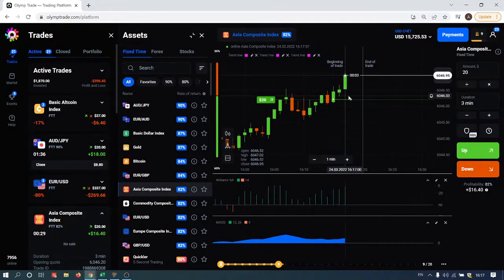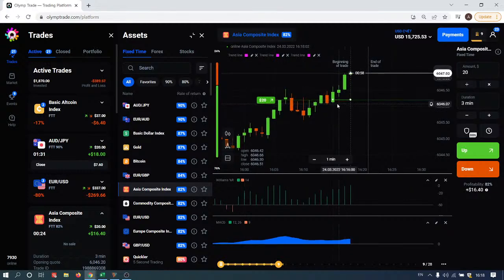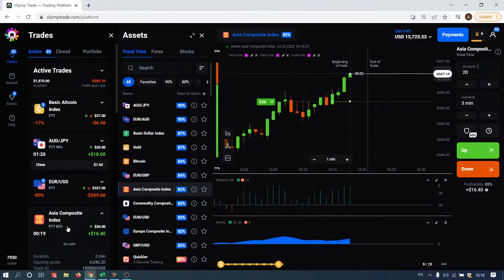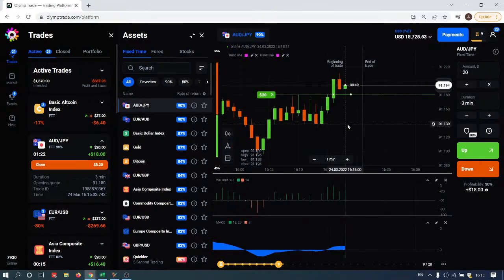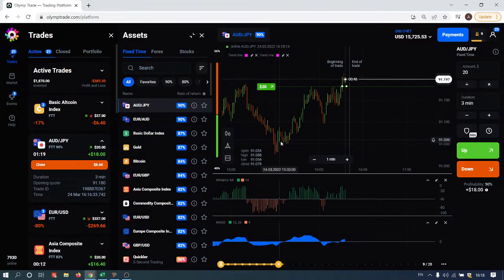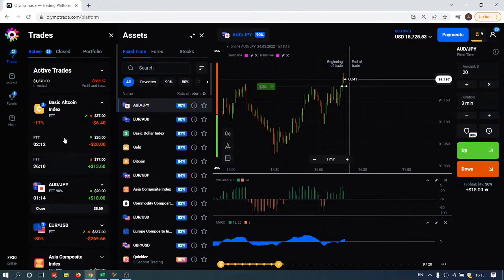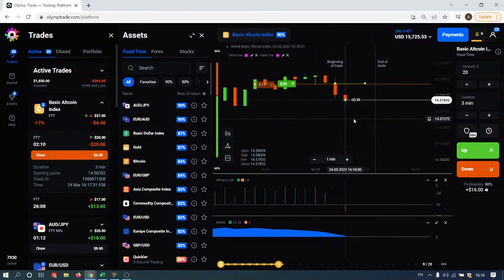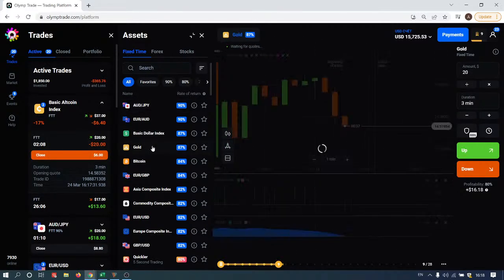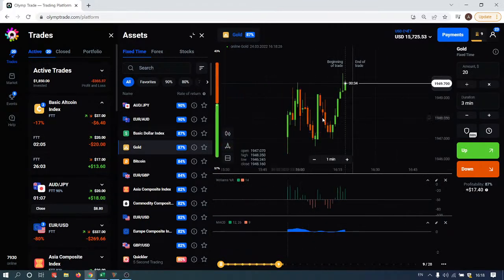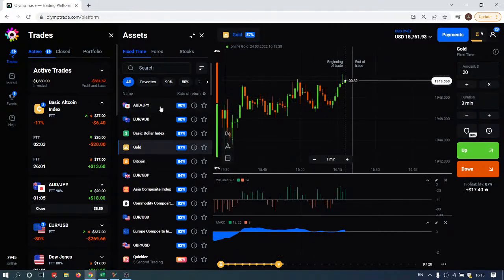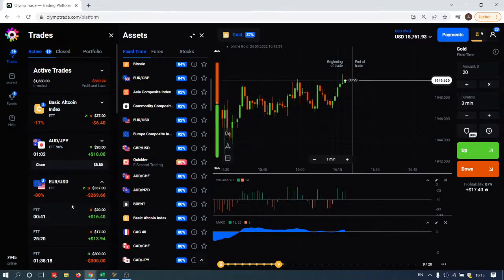Now another trade on Asia Composite Index will be closing with a profit. I mean, it's a 95% chance, I think, given that we have less than 20 seconds to go on this one. AUD-JPY, all right, so we still have 1.5 minutes, or a little bit under. So gold, not really, no signal just yet.